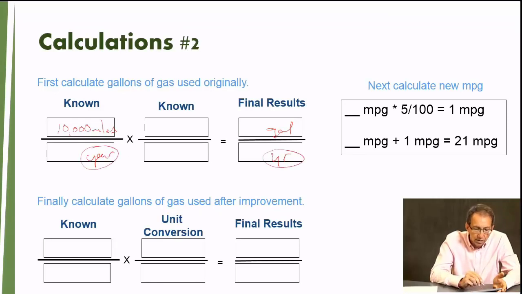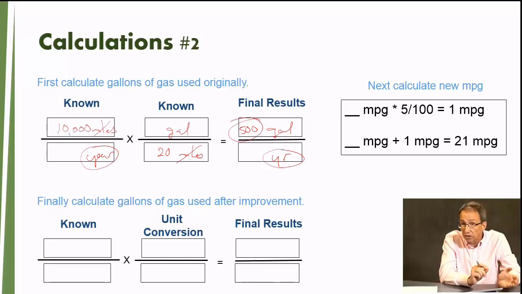Now I also know that I'm getting 20 miles per gallon before I make the change. So I want gallons on the top. So now this miles will cancel the miles on the bottom, and I can do this math, and I get 500 gallons per year.